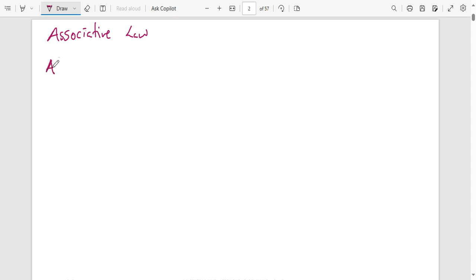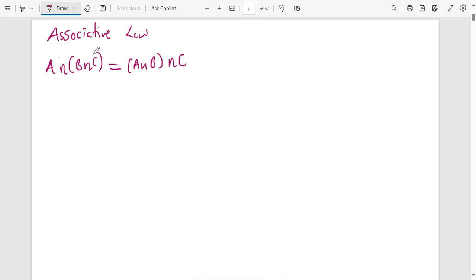Let's say we are talking about A intersection, we have got B intersection C, and this is going to be the same as me starting with A intersection B. And then the answer that I get, I intersect with C. So we said the associative law applies when we are using the same sign. Let's say if there was a union here, there should also be a union here. Not where you have got union and intersection. It will not always be true. So that is the associative law.